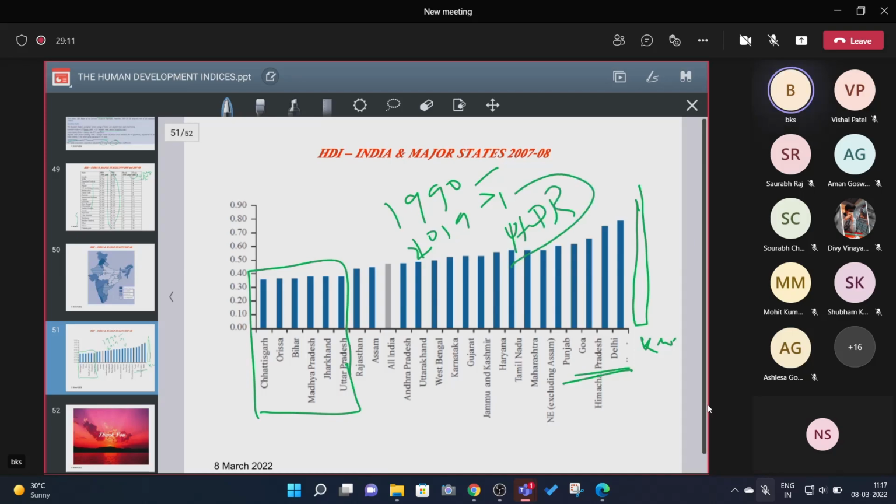You download it by yourself. It is freely available. You search UNDP HDR, you will get the latest report and check India's rank as well as India's index value.